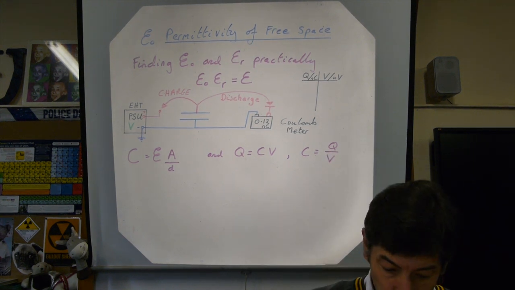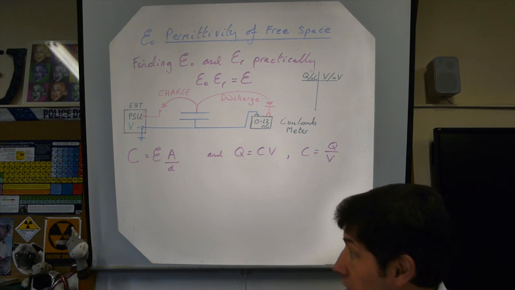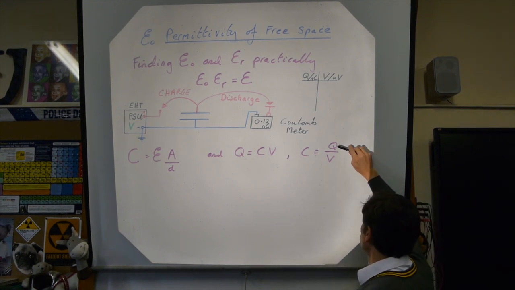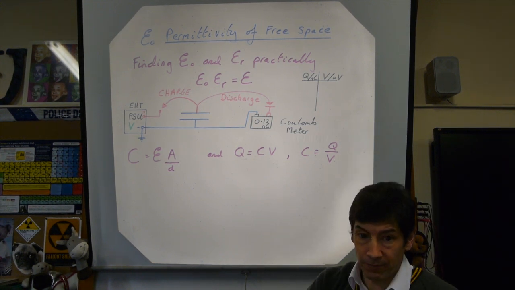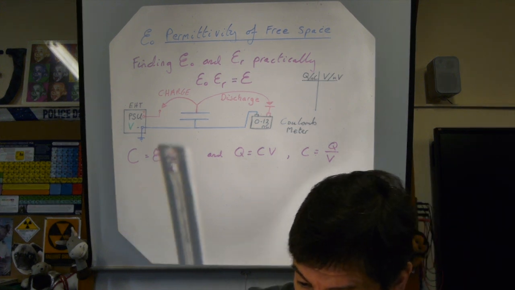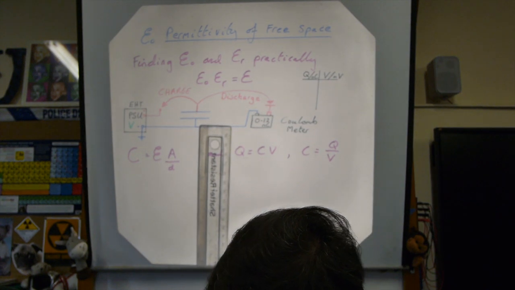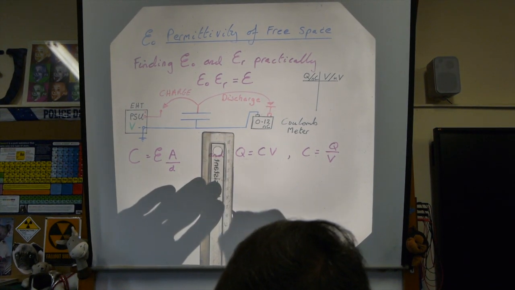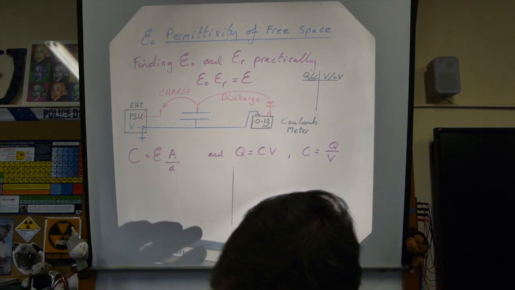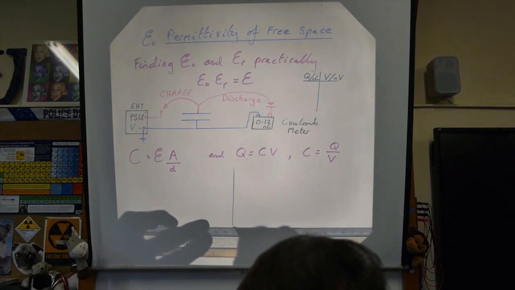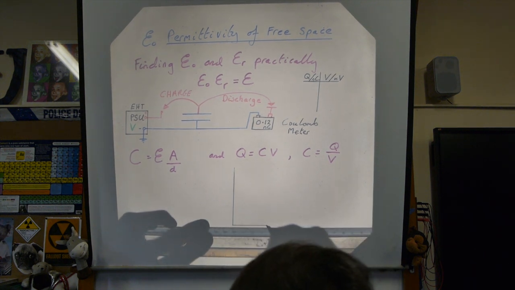Okay, so what we're going to do is plot a graph of Q against V. So I'll just draw my axis here. So to make life easy, on the y-axis we'll have the charge. I think you can see why.